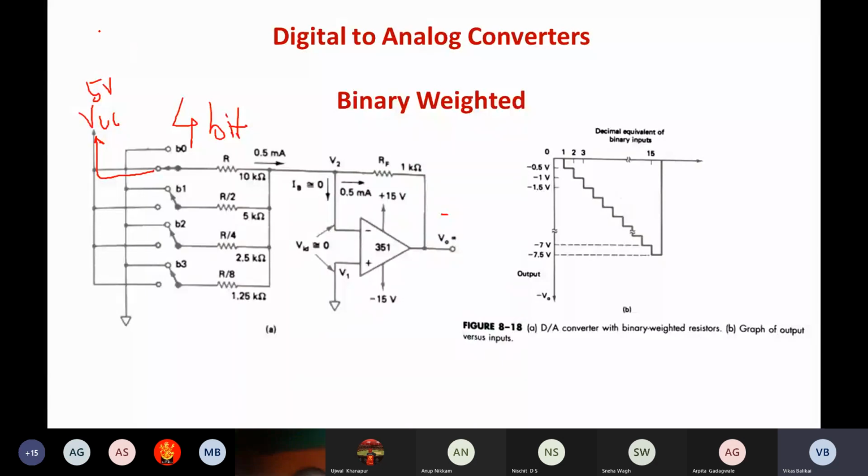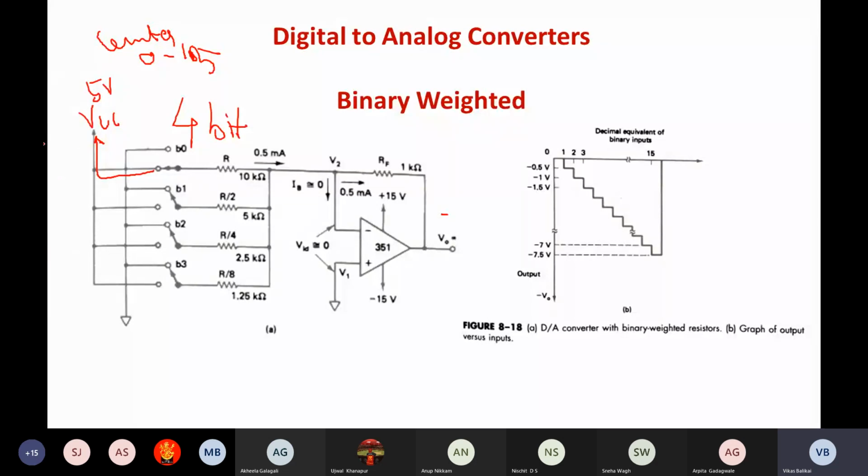I can also use a counter which can count numbers from 0 to 15 in binary format and connect all the outputs of the counter to this B0, B1, B2, B3. So the counter will be a ring counter, simply counting from 0, 0, 0, 0 up to 15, and as and when the count reaches 15, again it goes back to 0 and the counter starts counting.